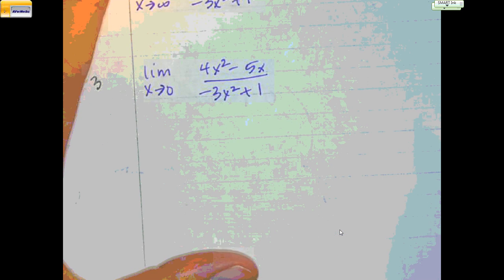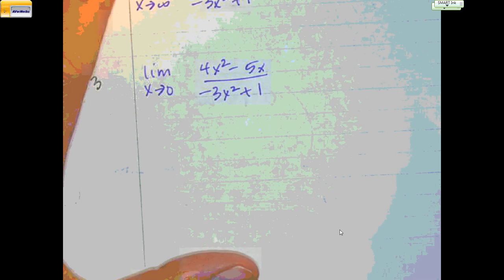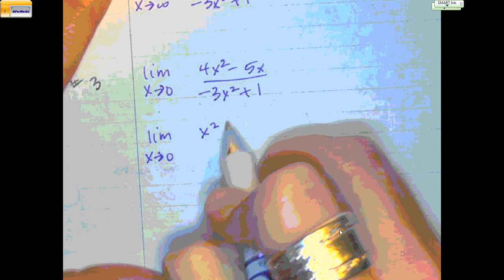I'm going to rewrite it. I would not do it this way, but some of you might need this. It's going to feel a little crazy. You could factor out an x squared. I'm just saying this is an option.